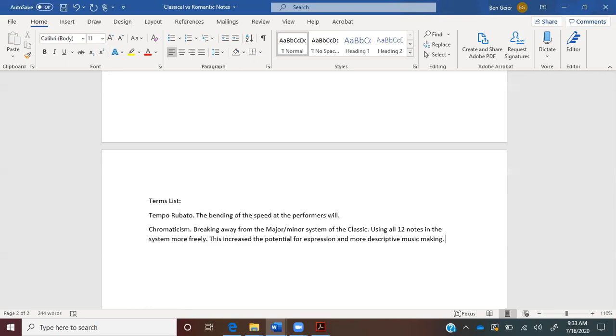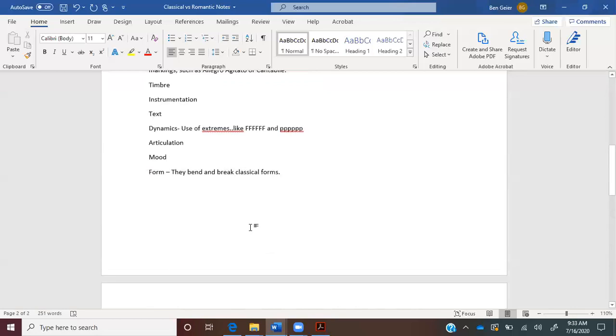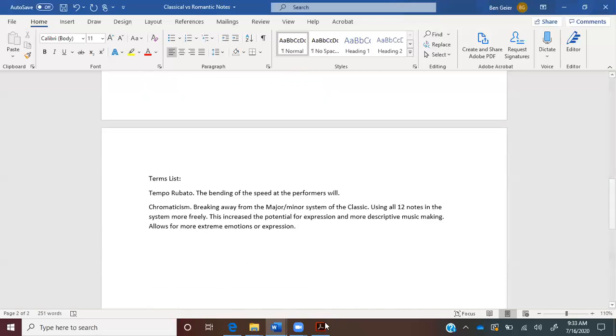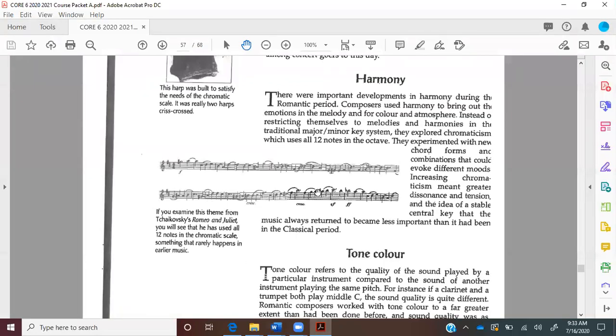But then you got things that were extra sad, right? Or extra happy. You got more of those extremes, right? So maybe we could put allows for more extreme emotions or expression. Again, whatever words work for you, please use them.